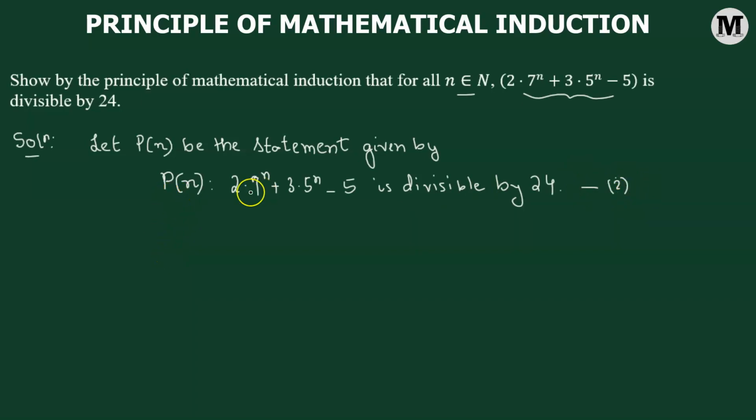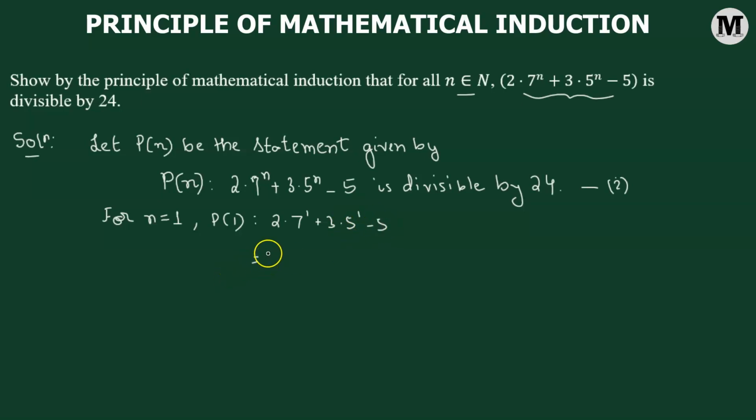Now, in order to show that this is indeed a true statement, first we are going to verify whether it is true for n equals 1 or not. That means we're going to consider the first natural number 1 and check whether the statement P(1) is true or not. So P(1) means we have 2 times 7 raised to the power of 1 added to 3 times 5 raised to the power of 1 minus 5.